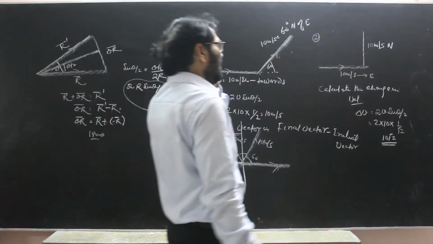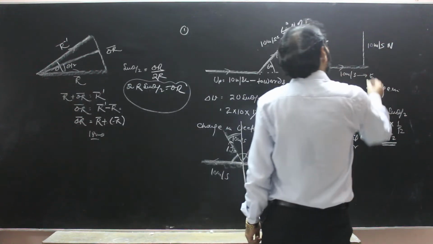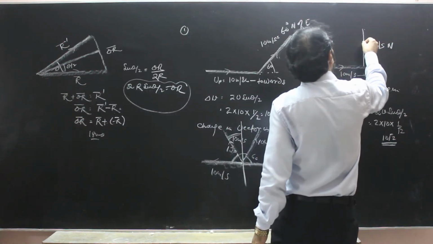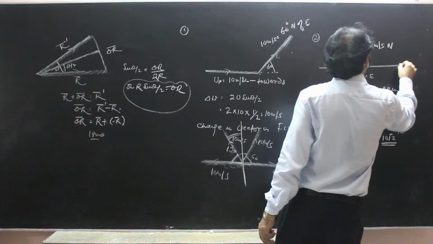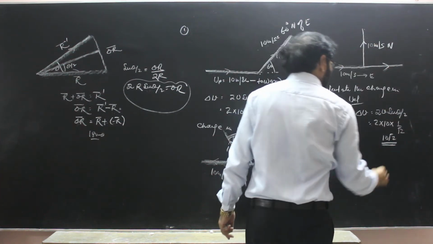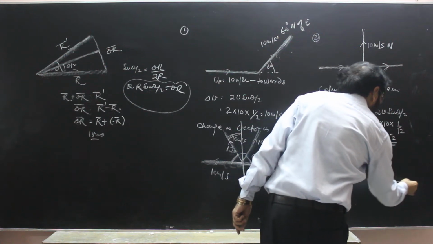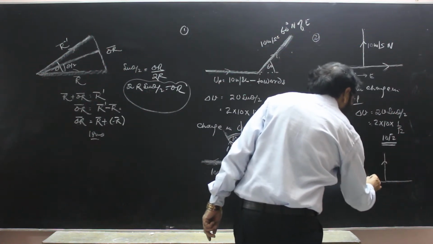But if the direction is to be calculated, it is final minus initial. So this is the final, and this is minus initial.